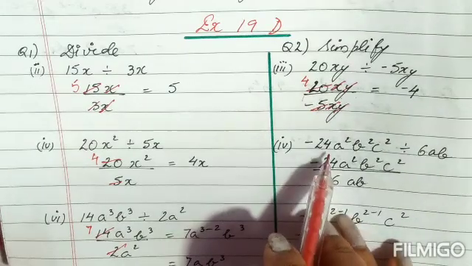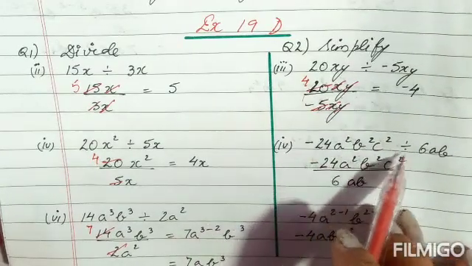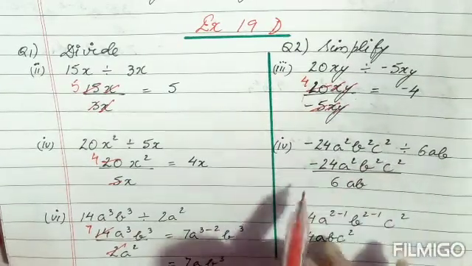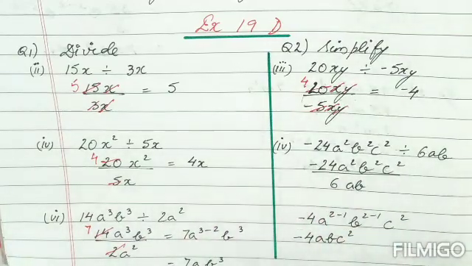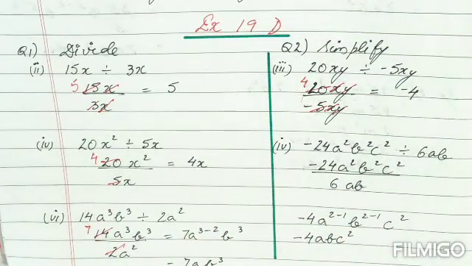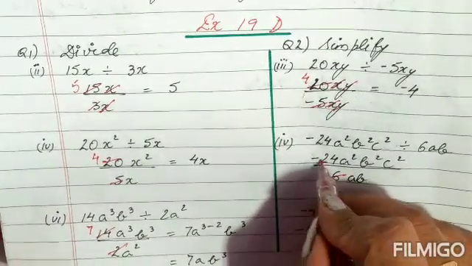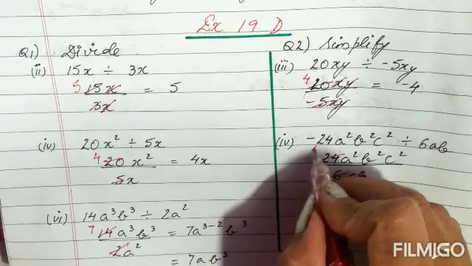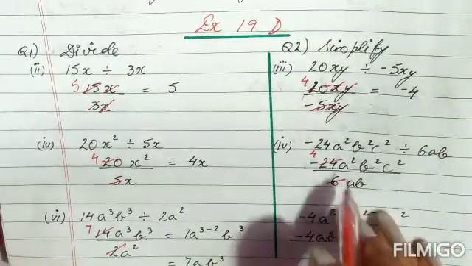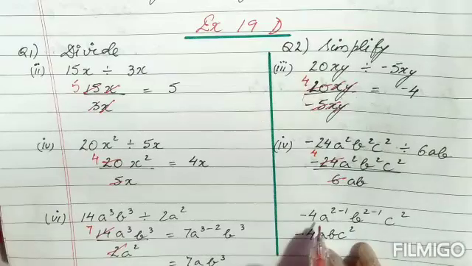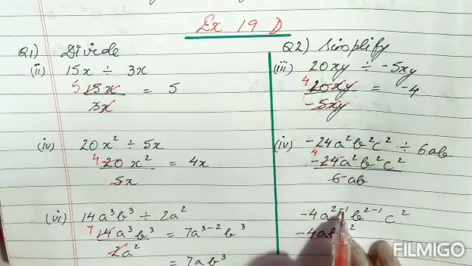Next one is minus 24a square b square c square divided by 6ab. So children, what are you going to do? Once again, you're going to write them, you're going to arrange them, and then we are going to reduce. So this will get reduced number by number. 6 4s are 24. Now a to the power 2 and a1 over here. So you write a to the power 2 minus 1.